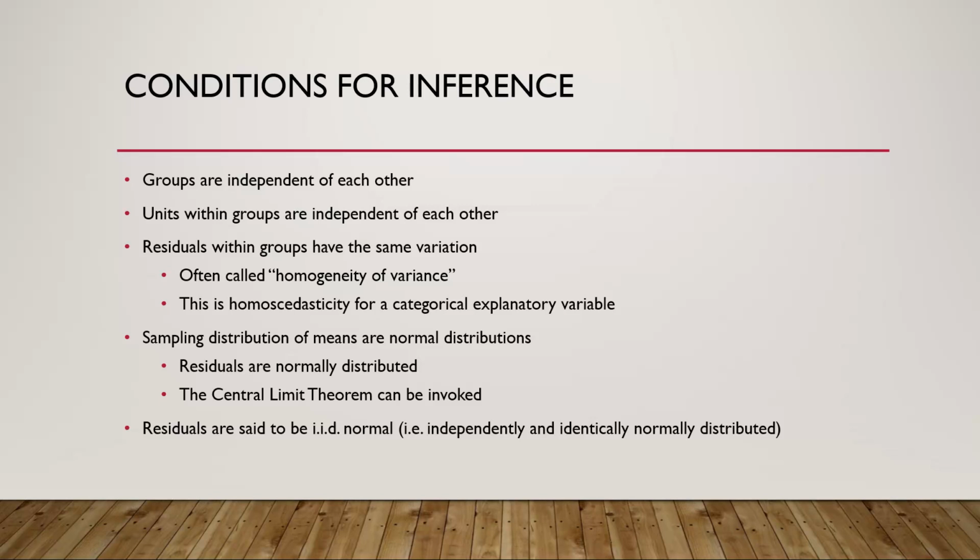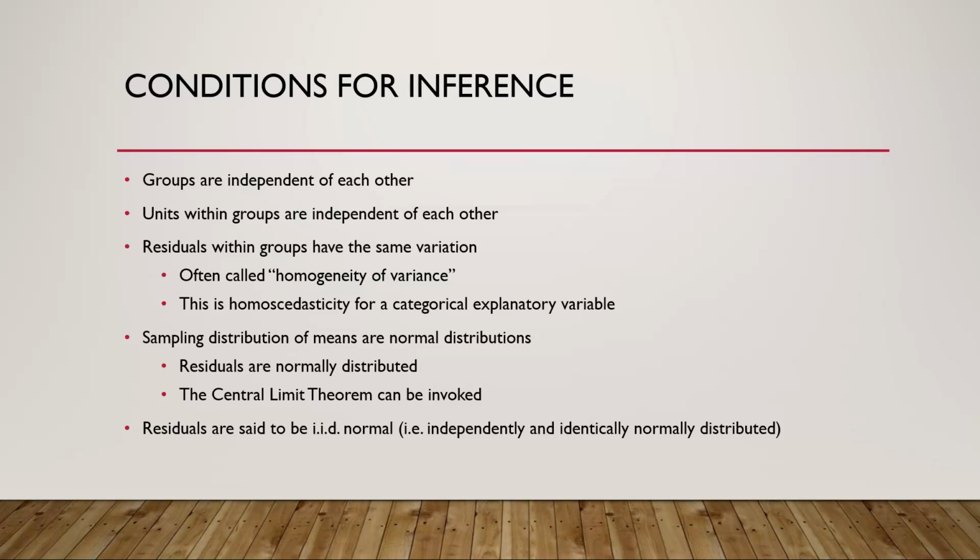First, the groups must be independent of each other. So we're not going to have participants be in multiple groups. They need to be in one and only one group. Furthermore, from a research standpoint, if we are, say, implementing a treatment in one condition, we don't want any effects from that to bleed over into the other condition.